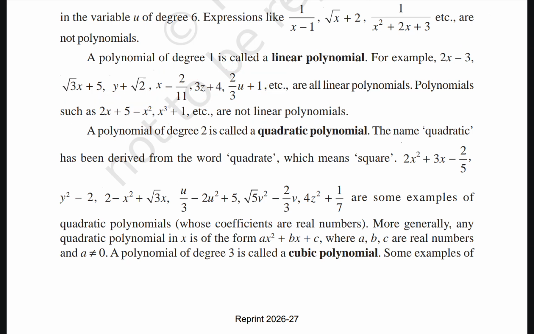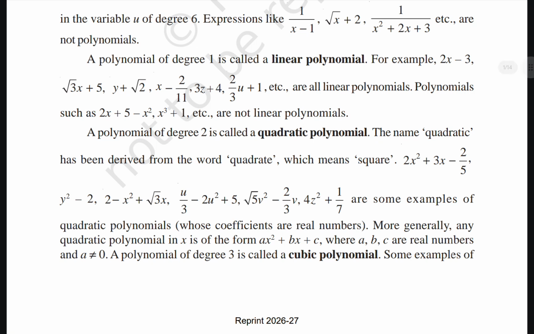Now quadratic polynomials. What are quadratic polynomials? A polynomial of degree 2 is called a quadratic polynomial. The name quadratic has been derived from the word quadrate, which means square.